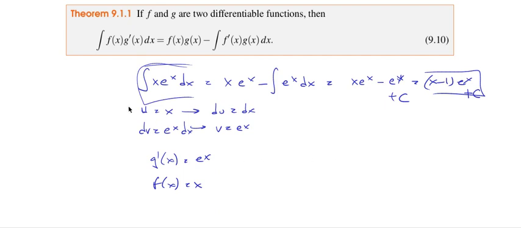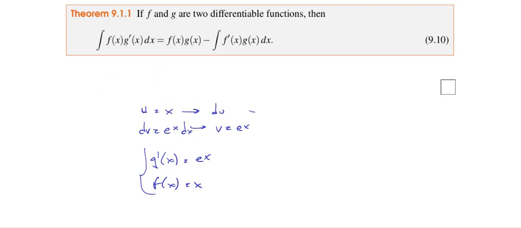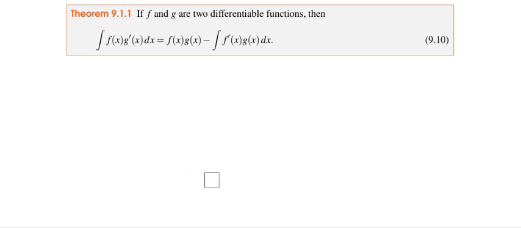Either way it works. If you already know how to do it using this notation, then go ahead, as long as you know what you're doing. If not, you can do it using this notation. Both ways are fine. This is useful whenever we have, for instance, a polynomial multiplying an exponential or a cosine or sine, things like that.